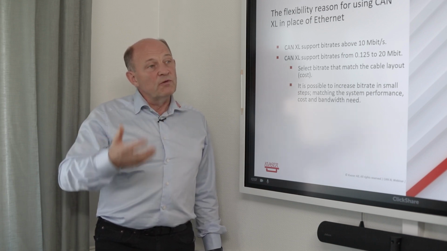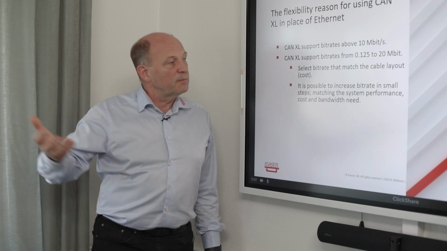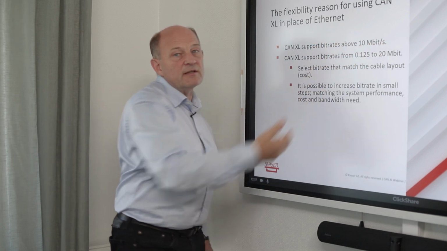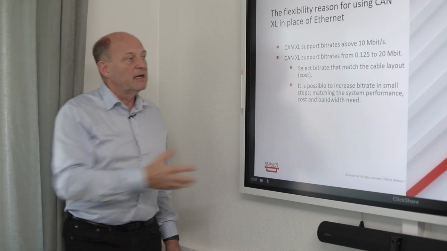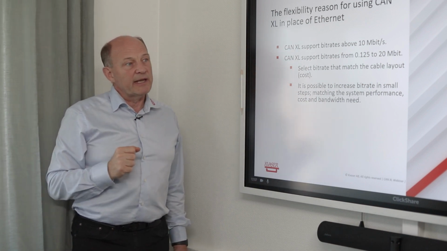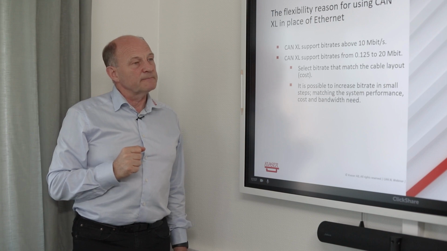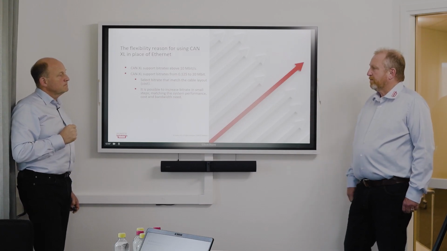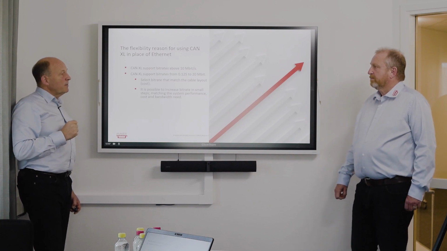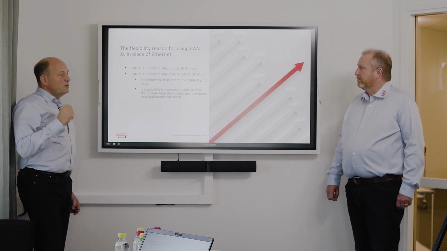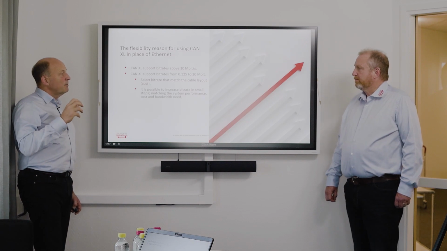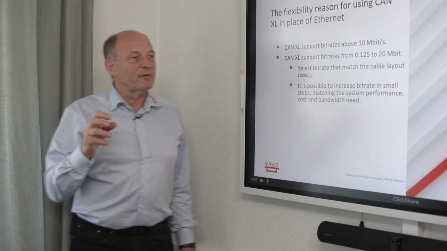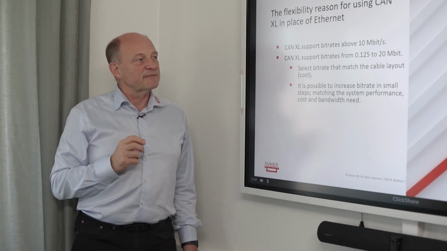And if you improve the layout, you can improve also the bit rate, and actually you can go beyond those 10 megabits and reach those 20, or maybe in some carefully designed cable layout reach even 30 megabit per second. So you must spend time on the layout of your network. Yes, again, it's all about impedance, and if you do something in layout that gives you bad impedance, that will kick back and prevent you from reaching higher bit rates.